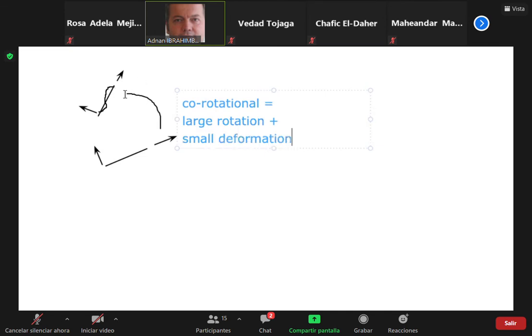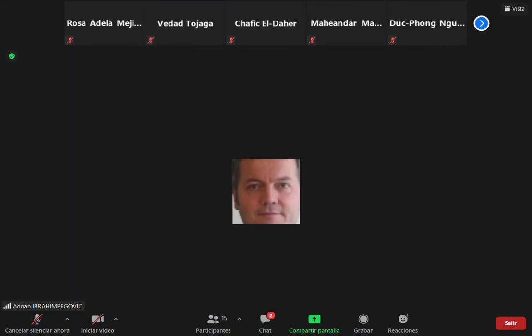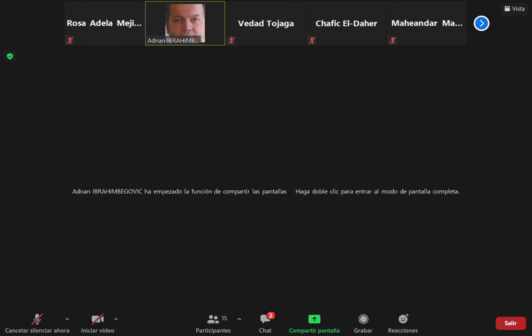So large rotations are obviously this thing here, and small deformation is something like that. So basically, this is the kind of thing that people were using initially to study this so-called co-rotational formulation.